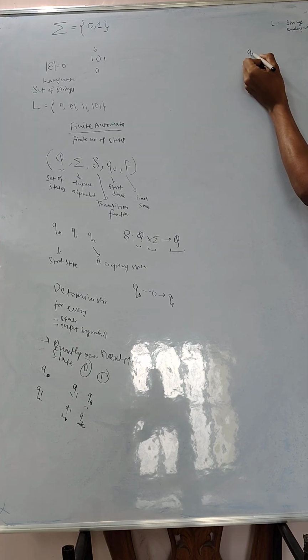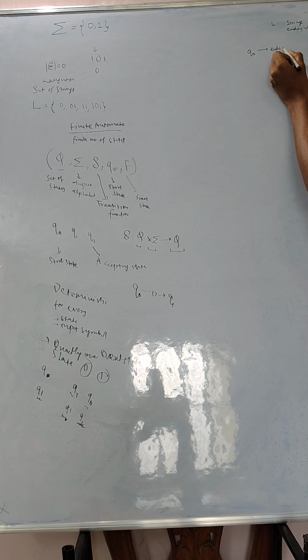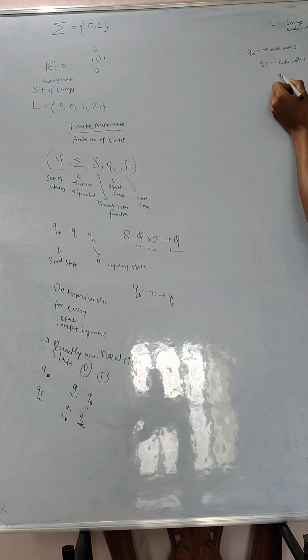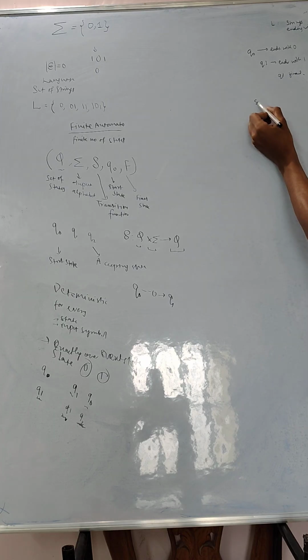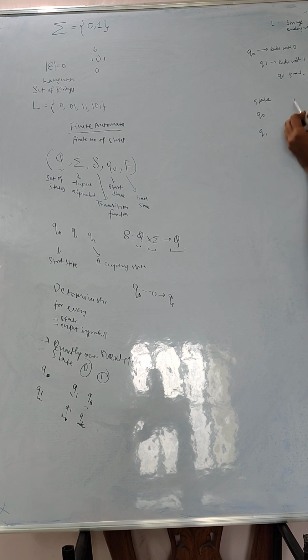States will be Q0, ends with 0, and Q1, ends with 1, so Q1 is final. For transitions, from Q0 on 0 it goes to Q0, on 1 to Q1; from Q1 on 0 it goes to Q0, on 1 to Q1.